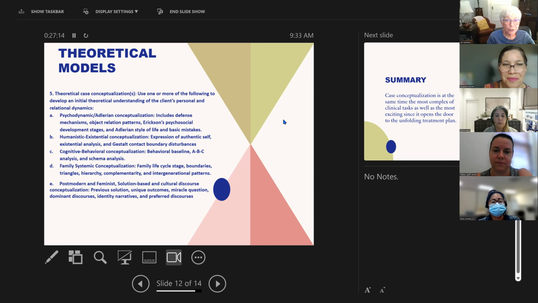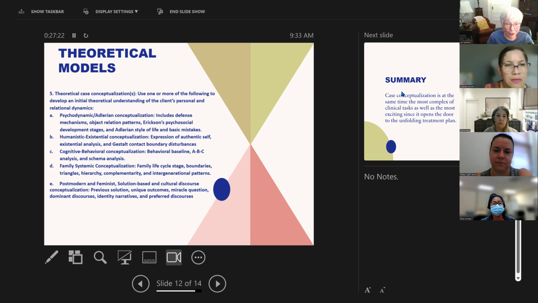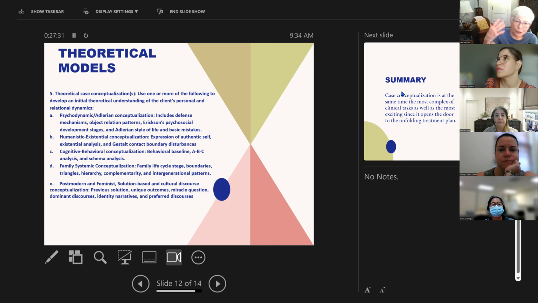And these four, and then these models, that's on the case conceptualization form. So every time you do it, you're reviewing all the theories and their essential elements.